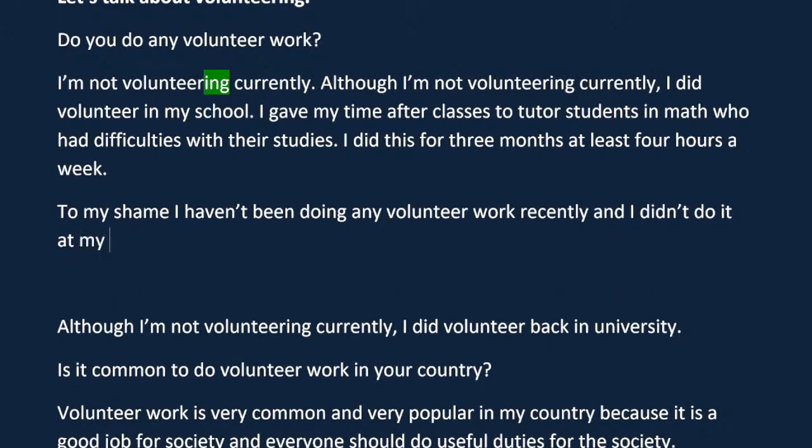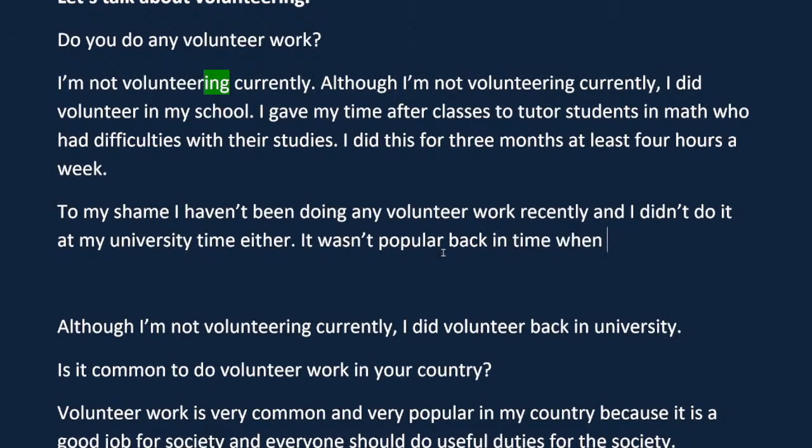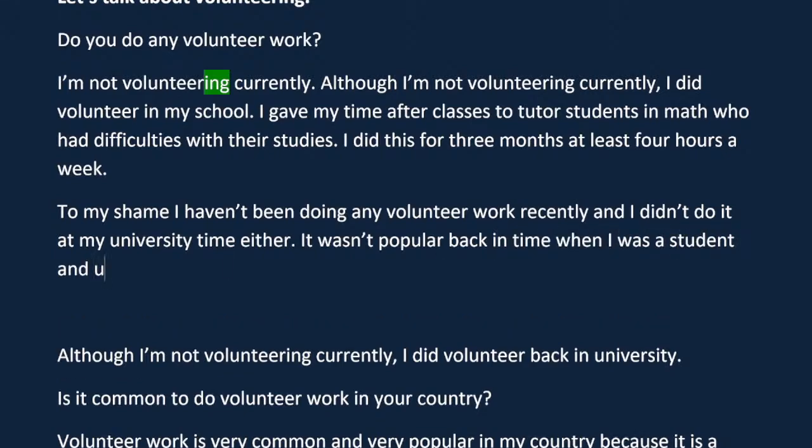It wasn't popular back in time when I was a student, and university didn't give students any perks for volunteering. And now that I'm an adult, I just should work 12 hours a day, which doesn't leave time for volunteering either, for helping those in need, unfortunately.